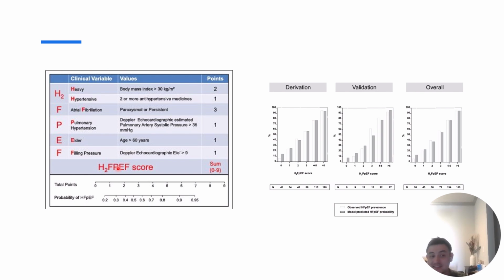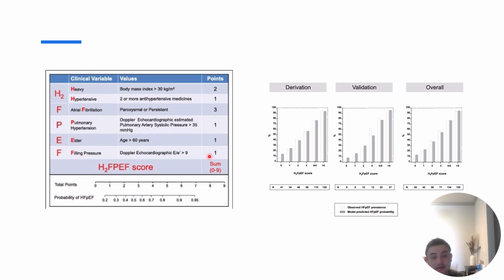The HFpEF score has 6 parameters: if you are obese, more than 30 kilograms per square meter; hypertension, where you take 2 or more antihypertensive medications; atrial fibrillation, paroxysmal or persistent; pulmonary hypertension; more than 60 years old; or echocardiogram signs of elevated filling pressures. If you have more than 5 points in the validation, you're going to have a probability of 90% of having heart failure with preserved ejection fraction.